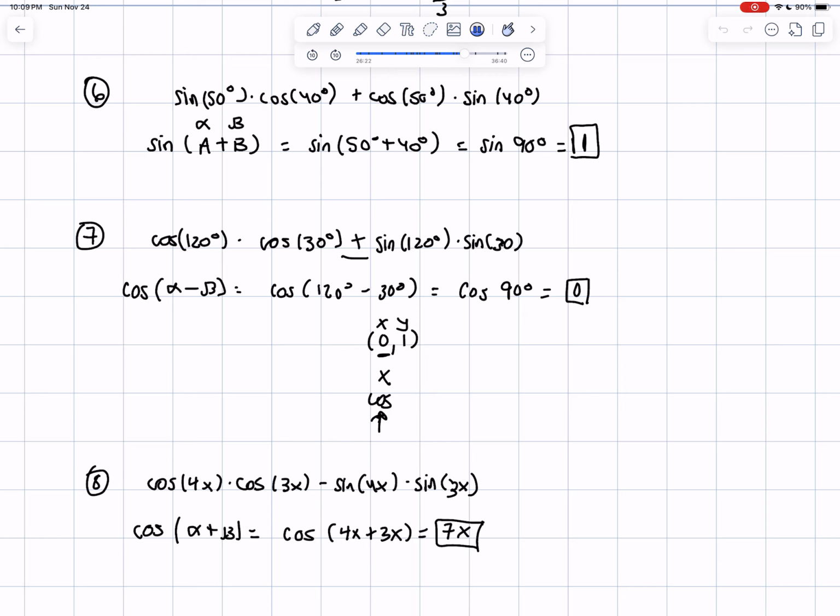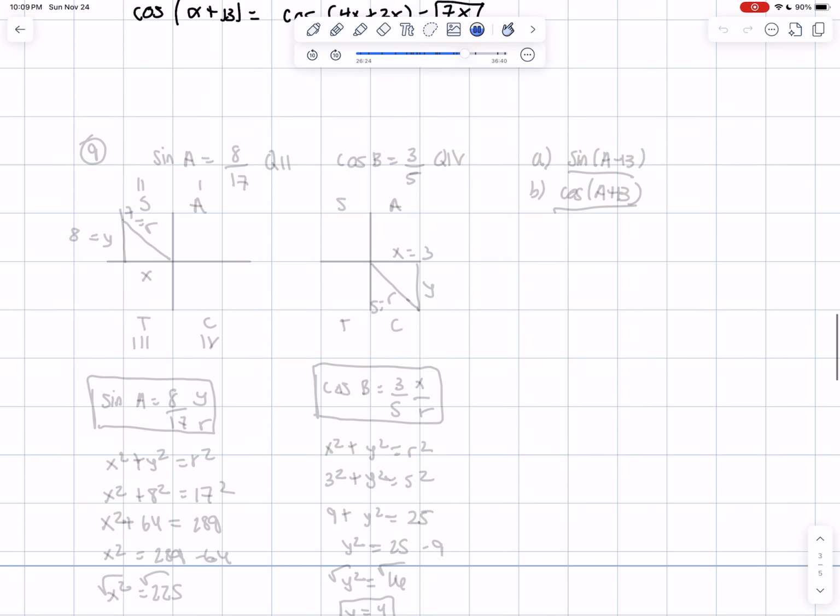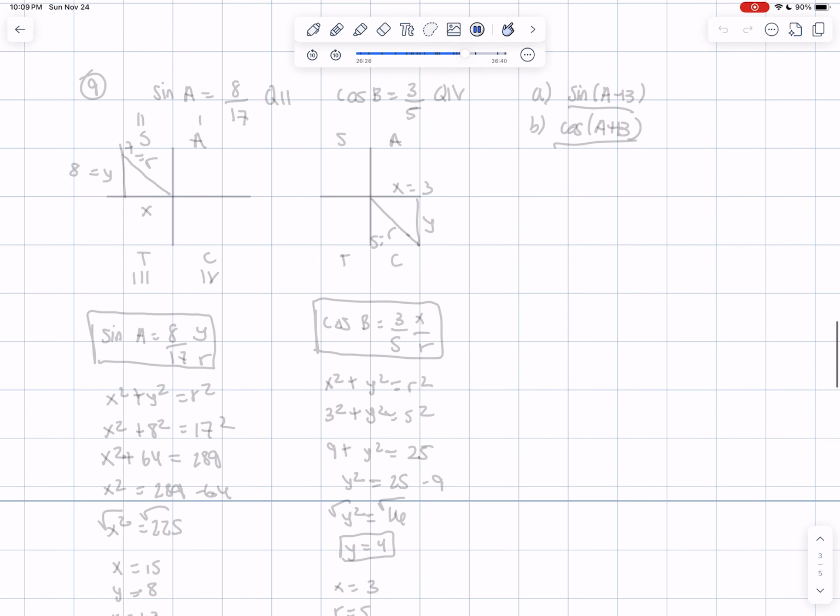Actually, let's do one more example. This one would be closer to what your exam will be like. Let's say they give you a quadrant and they give you a sine or cosine. So let's do this example. This is more similar to the exam.